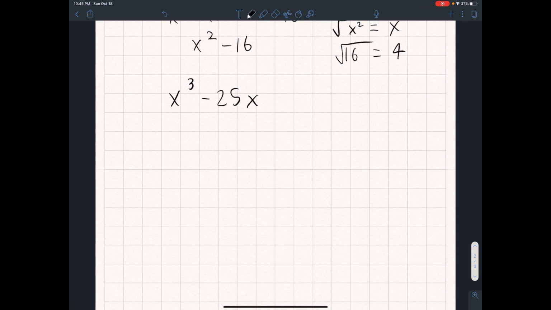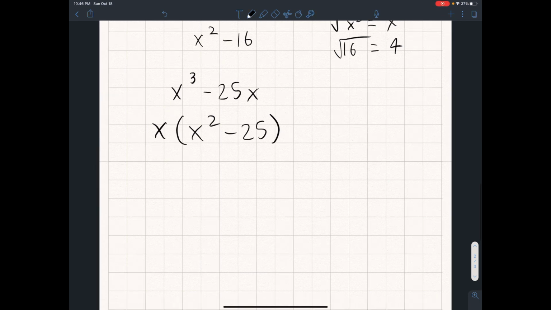Is there a greatest common factor I can mess with first? So, if I factor out an x, I'm left with x squared minus 25. Now, I have a difference of two squares. x squared is a perfect square. 25 is a perfect square, and they are indeed being subtracted. So forget about this x for a while. We'll leave that outside. That stays with us the whole time.